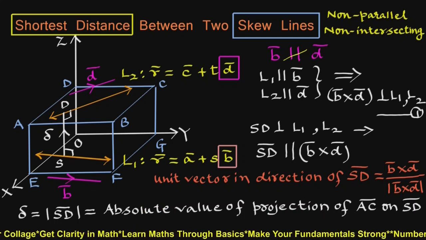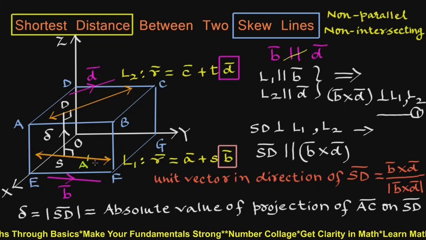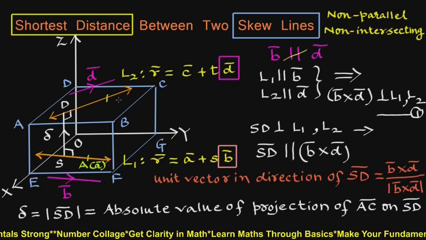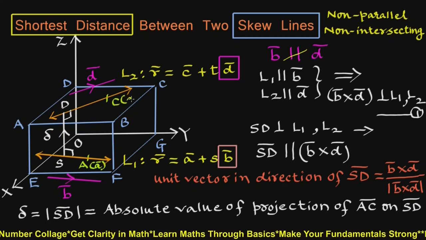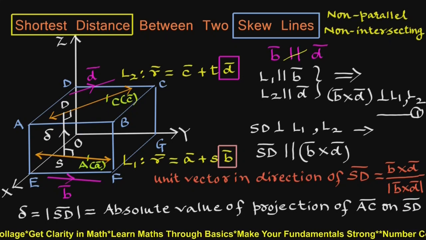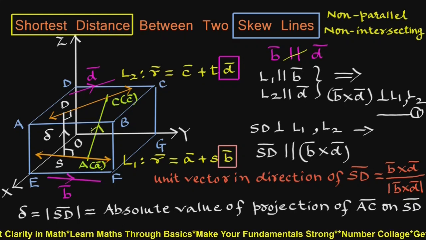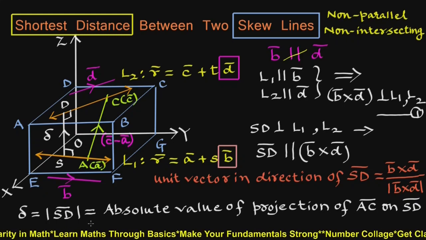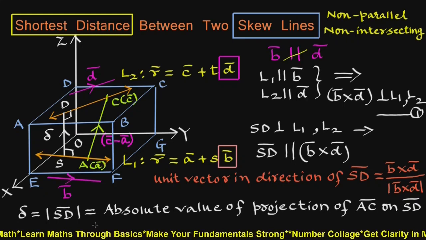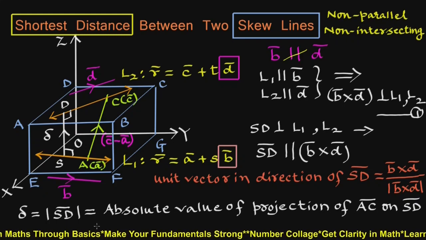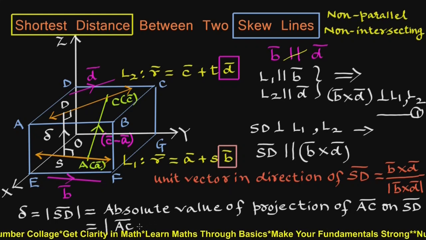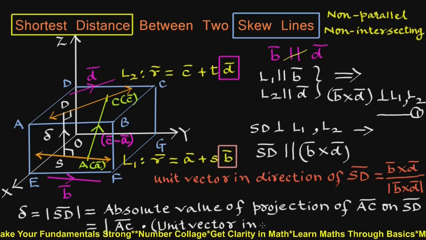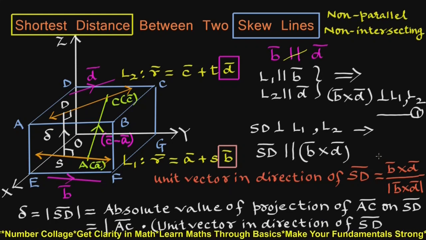Now, if we take point A on line L1, whose position vector is A bar, and point C on L2, whose position vector is C bar, then this vector AC bar is going to be vector C bar minus A bar. Now what is the absolute value of the projection of AC bar on SD bar? It is nothing but the modulus of the dot product of AC bar and the unit vector in the direction of SD bar as found out here.